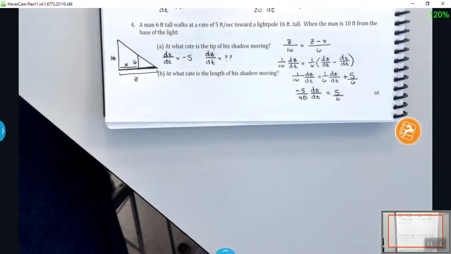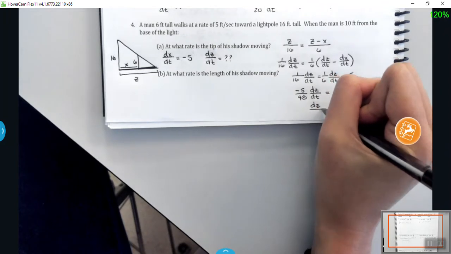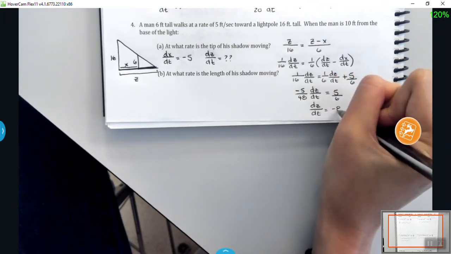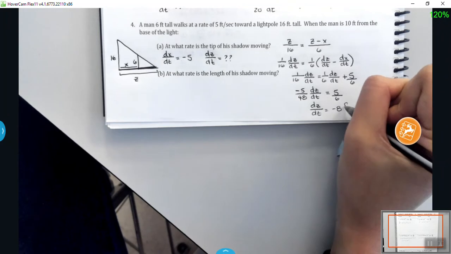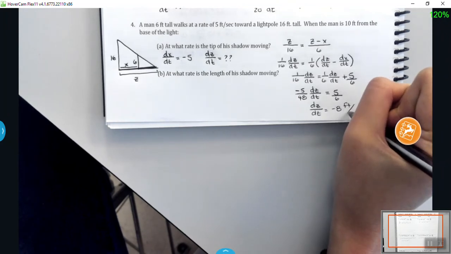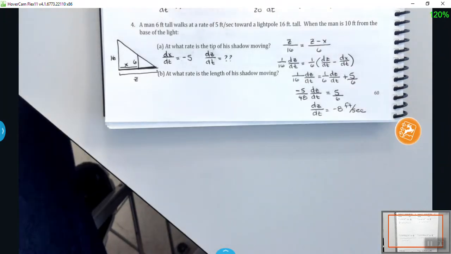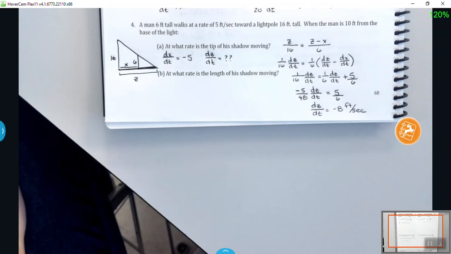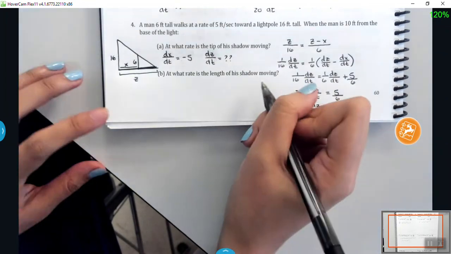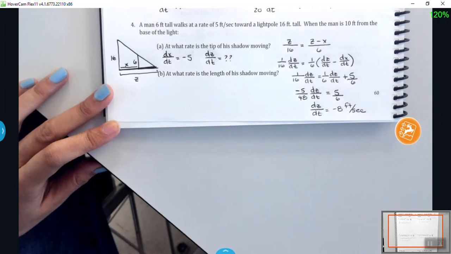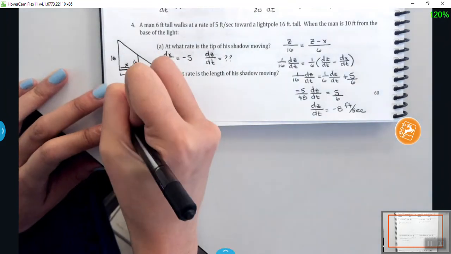So dz/dt, units feet per second. That's that one. The other one is different. At what rate is the length of his shadow moving? You have to set up a new triangle.